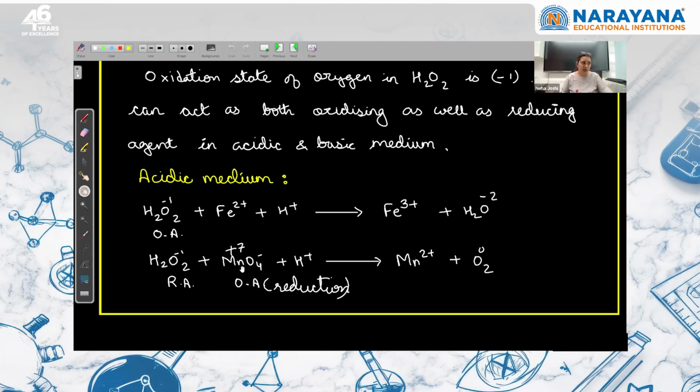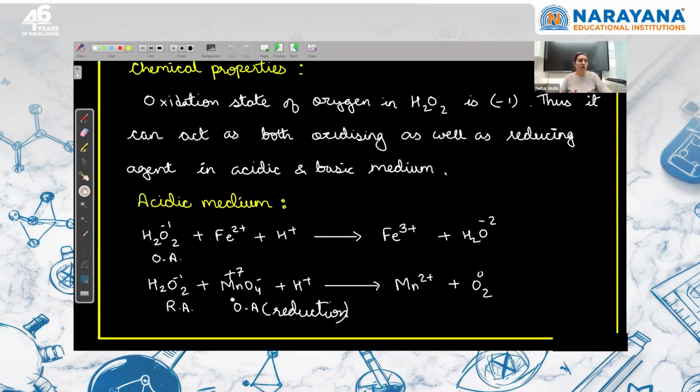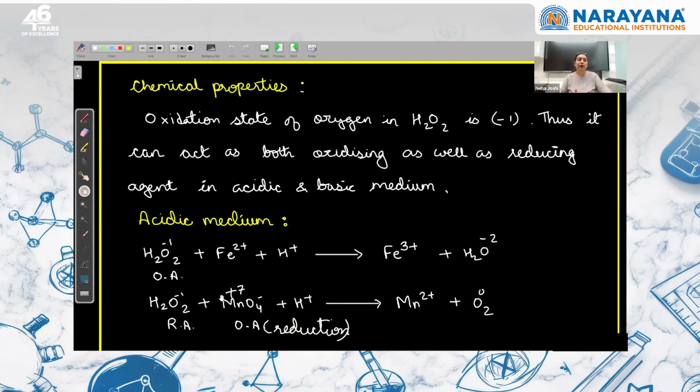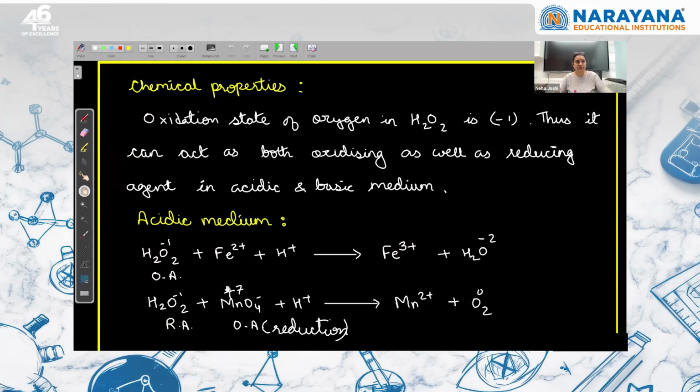Whereas if you see here, Manganese plus 7 of KMnO4 is reduced to Mn2 plus. So manganese is reduced. So in this reaction, H2O2 is acting as reducing agent. It can act as both, as the oxidation state of oxygen is in between the two extremes possible for oxygen of -2 and positive.